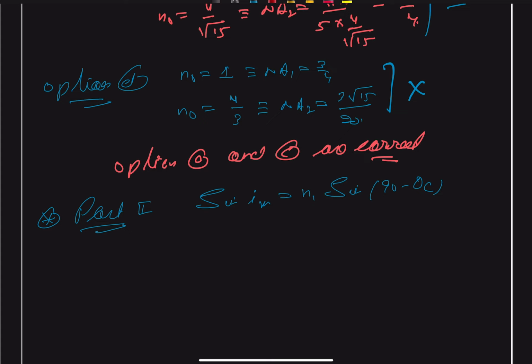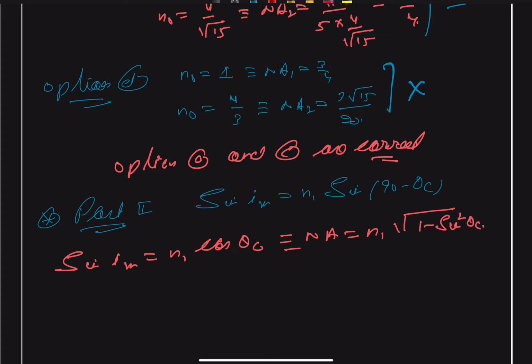So sine of Im is equal to N1 cos theta C. So the numerical aperture is N1 square root of 1 minus sine square theta C, and the sine of the critical angle we already know.